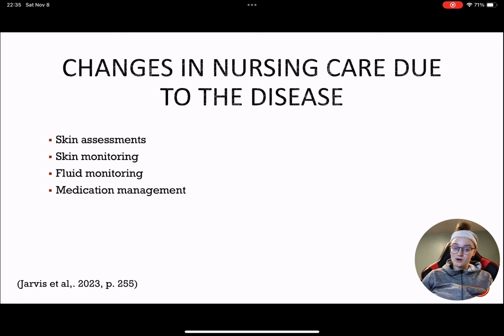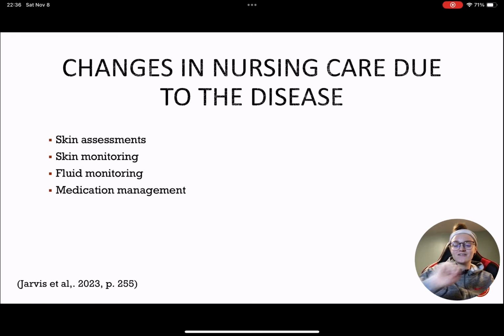I actually just did a project on urinary incontinence, and the nursing interventions are not extremely different, but we need to be more thorough in assessing and monitoring our patients, and the same goes for Addison's disease. So in this case, it's our skin assessments and our skin monitoring.